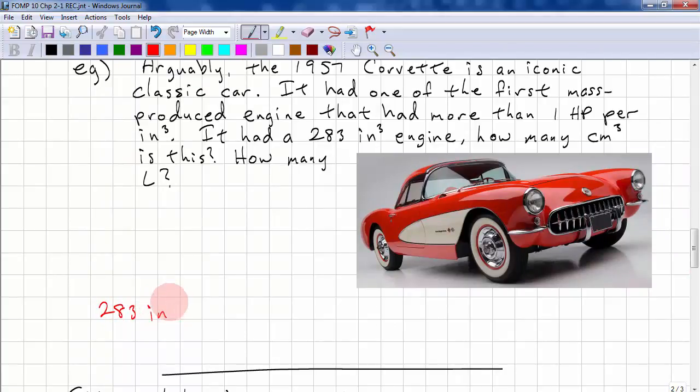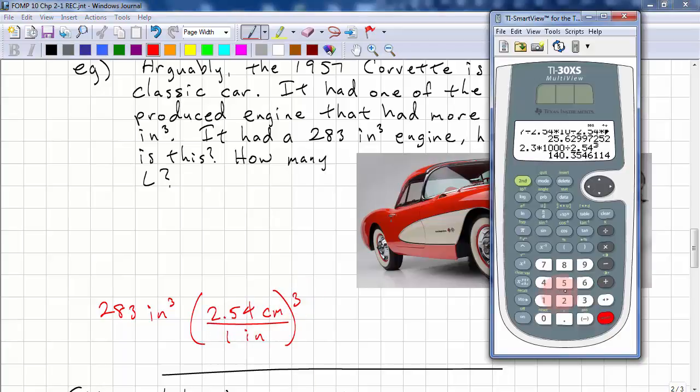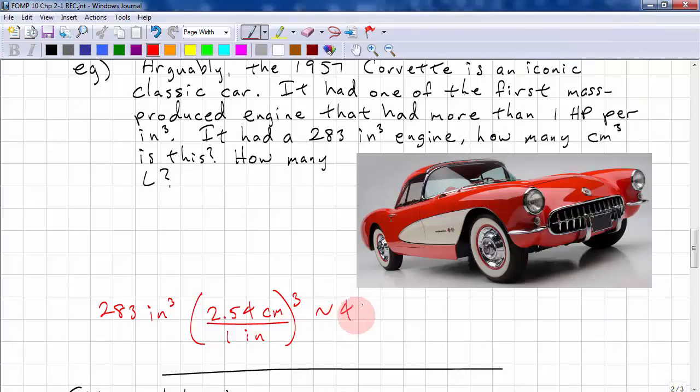283 cubic inches. We're going to multiply this by 2.54 centimeters over 1 inch, and it's all cubed. 283 times 2.54 raised to the power of 3, and we get 4638 cubic centimeters, and then we need to multiply this by 1 liter over 1,000 cubic centimeters.